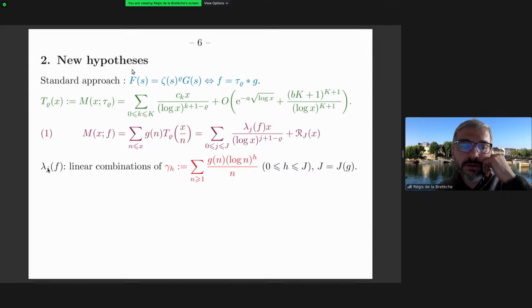So lambda j is a linear combination of some gamma h, which is the sum of j of n times log n power h over n.